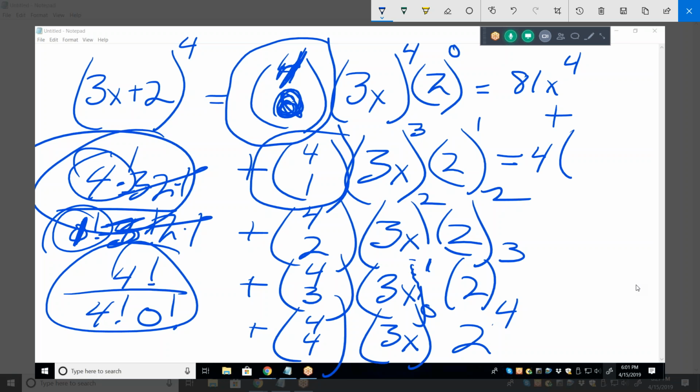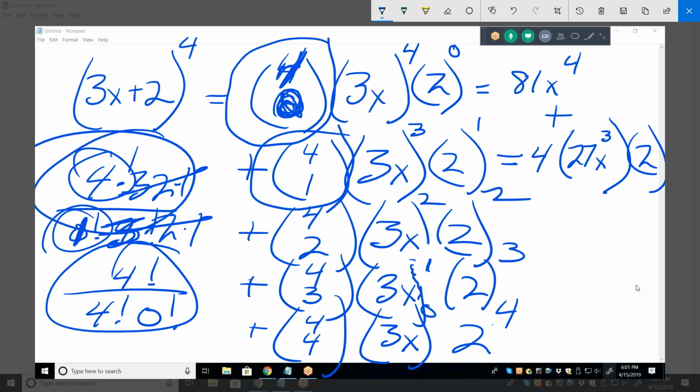What's 3x cubed? That would be 27x cubed. And then there's still this 2. So what we really have is 8 times 27.